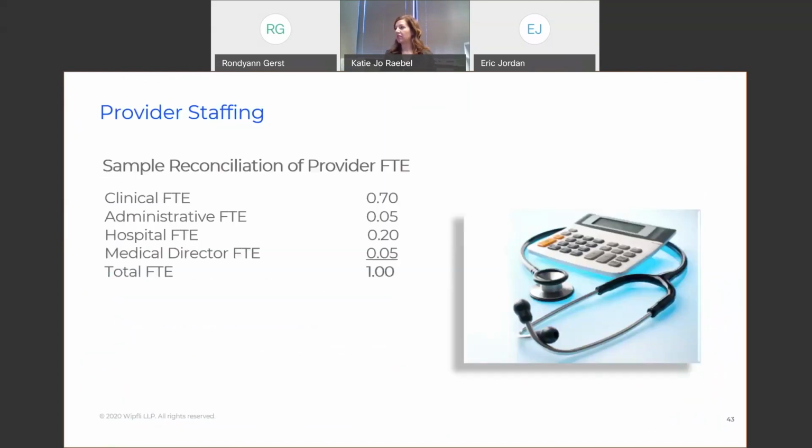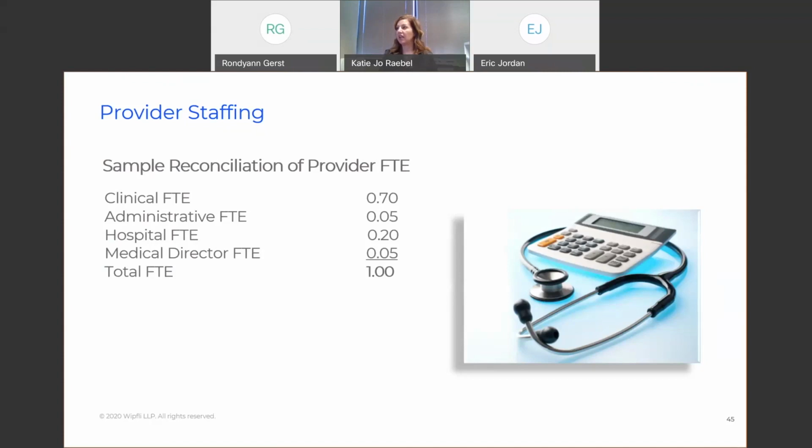Going back to provider staffing, oftentimes what we'll receive from clinics is, okay, we have 3 physicians and they're all 1 FTE. But when we put in 3 FTEs, we have a huge productivity standard problem, and then we find out that 1 FTE isn't based on a 40-hour work week, and part of that time is not related to actually providing patient care services for rural health clinic type services.